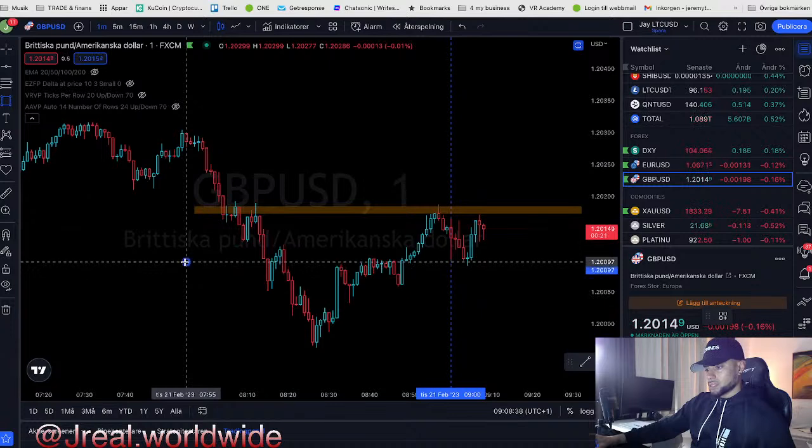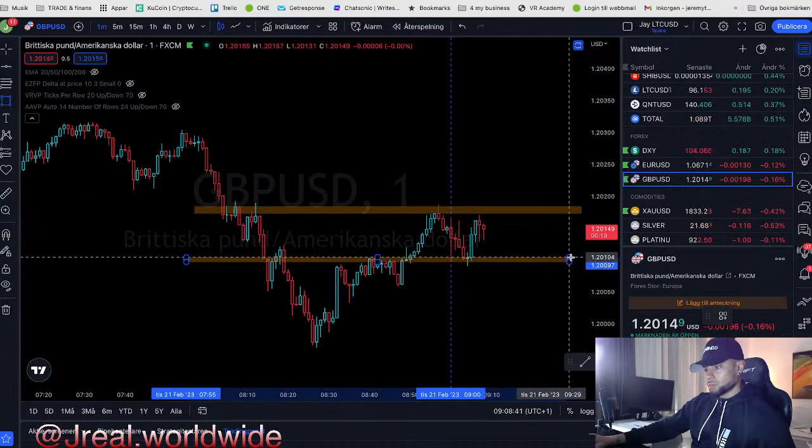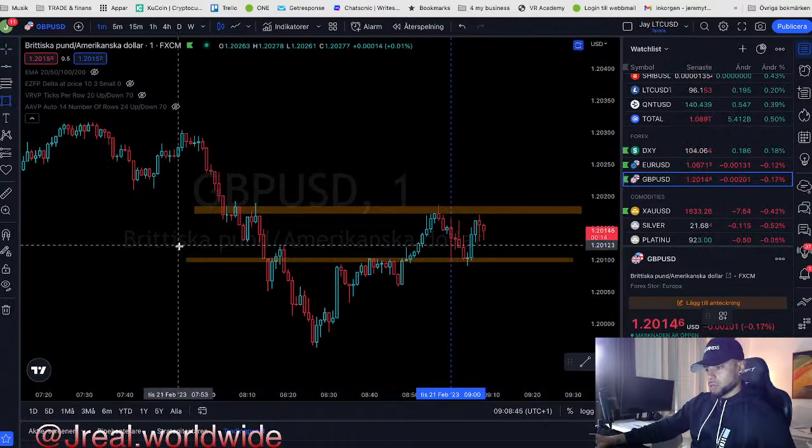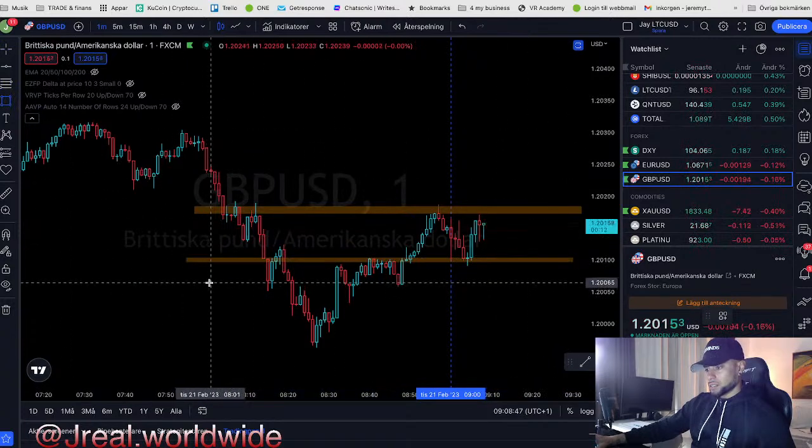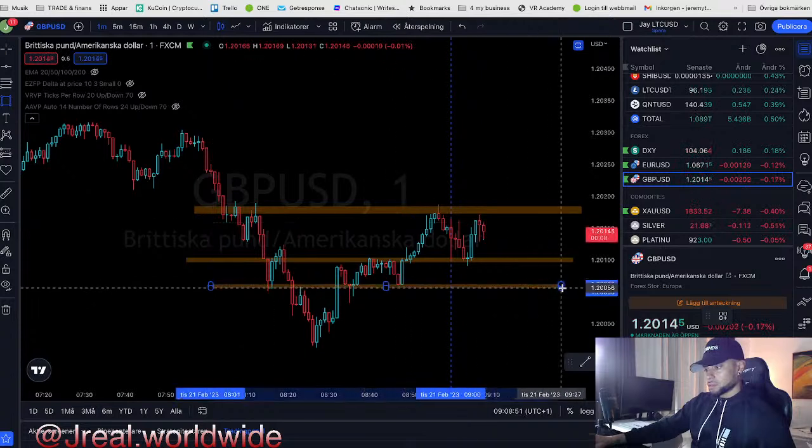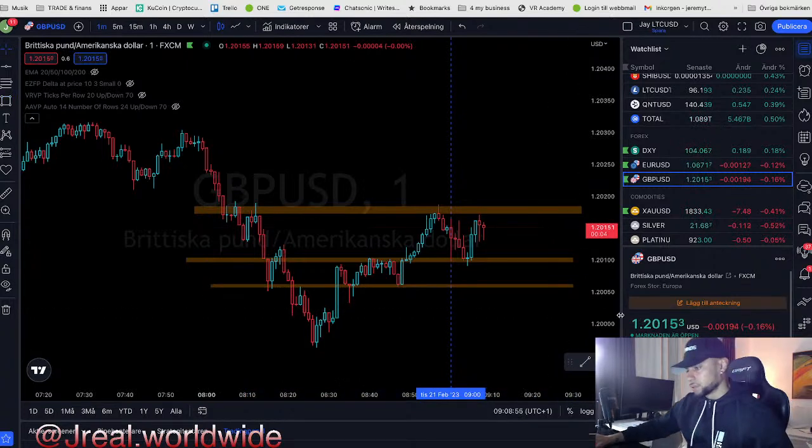So we got this support and resistance, but then we got another one just beneath it here. So for scalping purposes, these are the levels you're looking at.